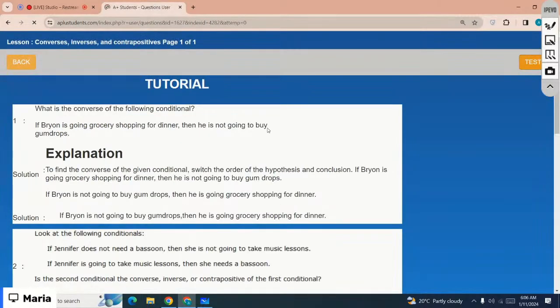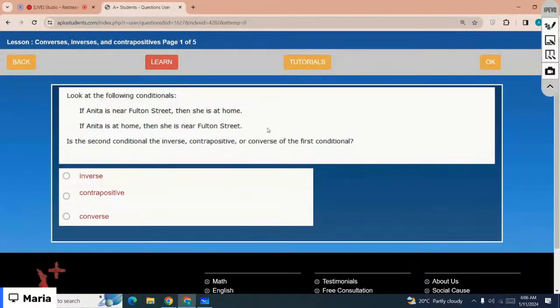Let's start with the test questions. Okay, look at the following conditionals. If Anita is near Fulton Street, then she is at home. If Anita is at home, then she is near Fulton Street.